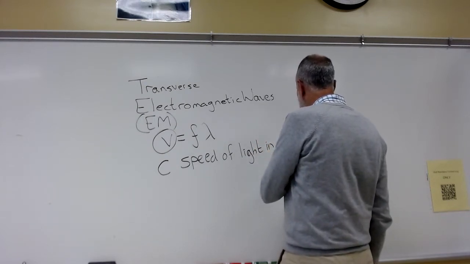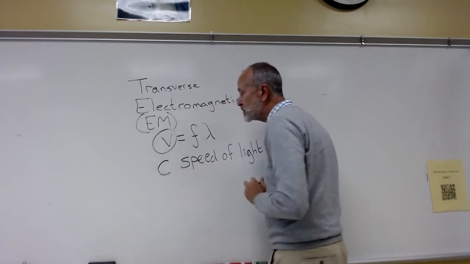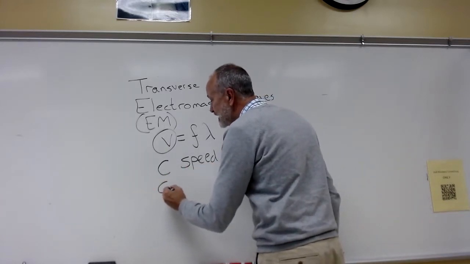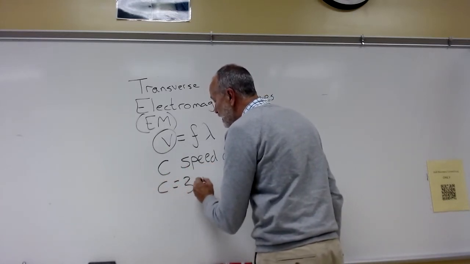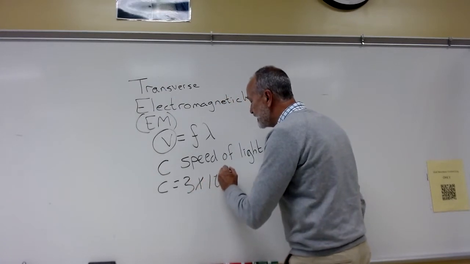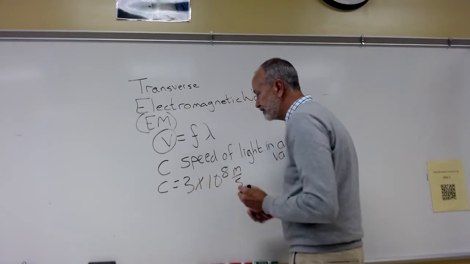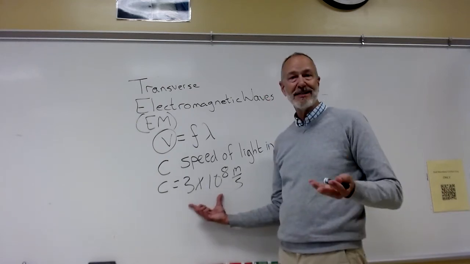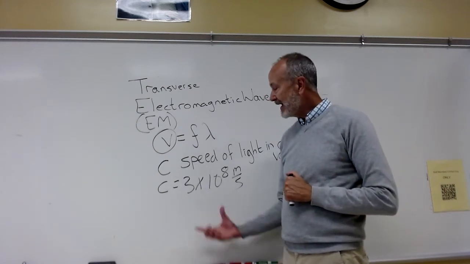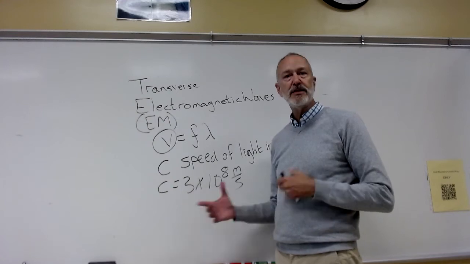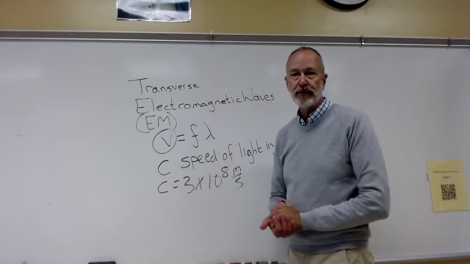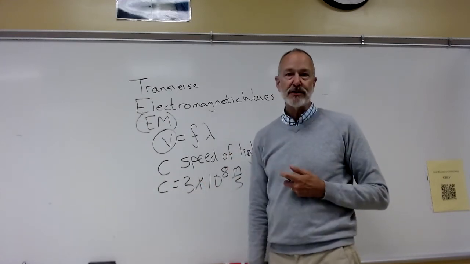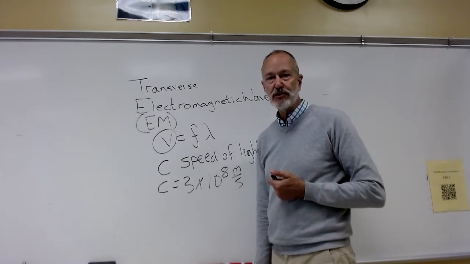So through space, light travels at the speed of light, c, which is 3 times 10 to the 8th meters per second. That's incredibly fast. That is so much bigger than any other velocity we see in physics. In fact, it is the cosmic speed limit. It is as fast as anything can go. Okay, you cannot travel faster than 3 times 10 to the 8th meters per second.